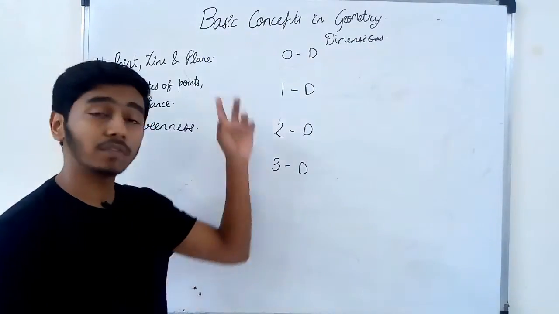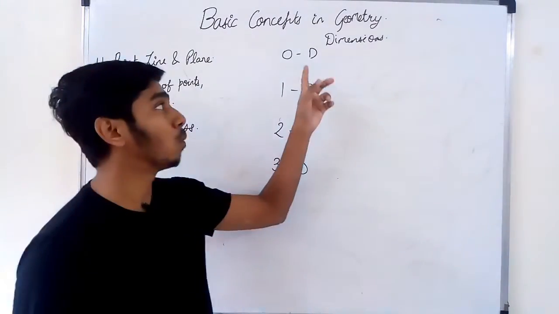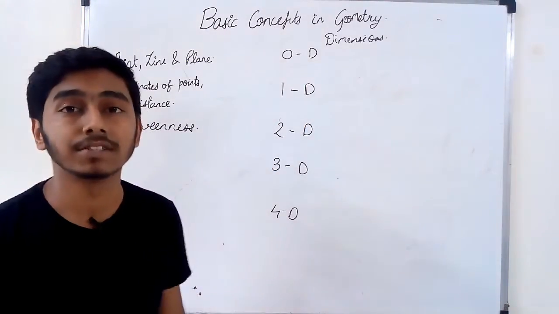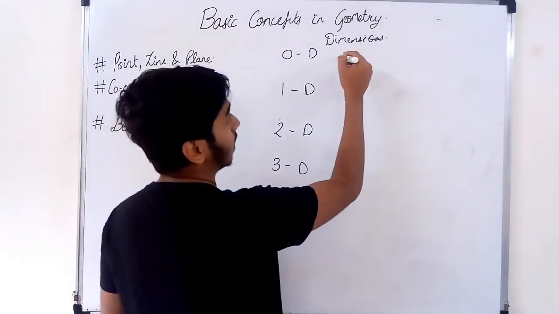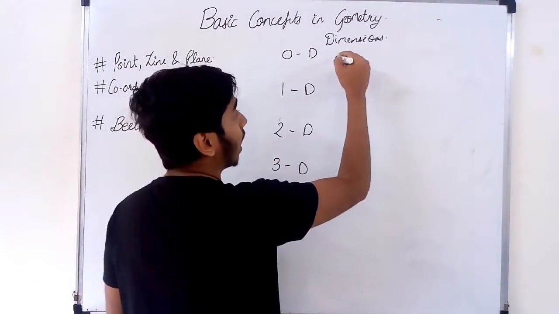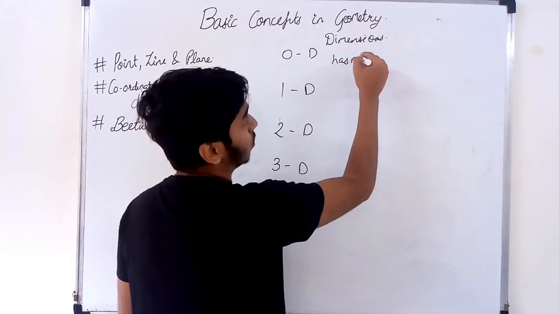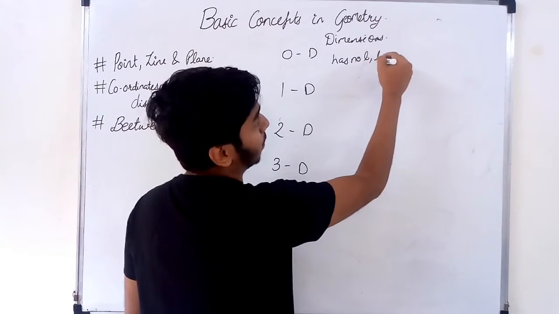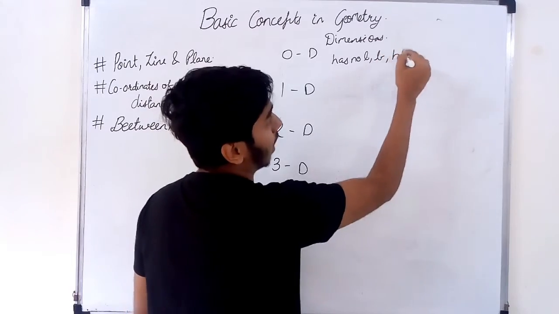Before starting with that, I want you to know what a dimension is. Zero dimension means it has no dimension, meaning no length, breadth and height.